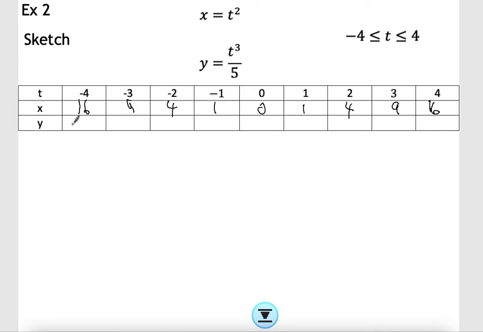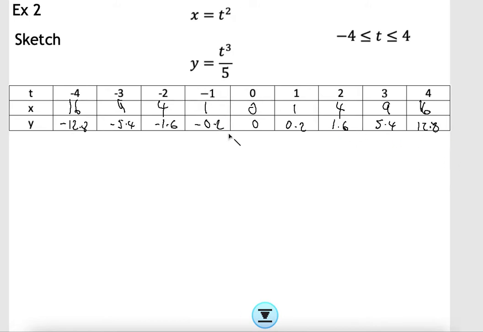And then here again, 1 decimal place, 2 decimal places, whatever is most sensible in the context of the question. So negative 1.6, negative 0.2, 0, and then we're going to get the positive values, 5.4 and 12.8.